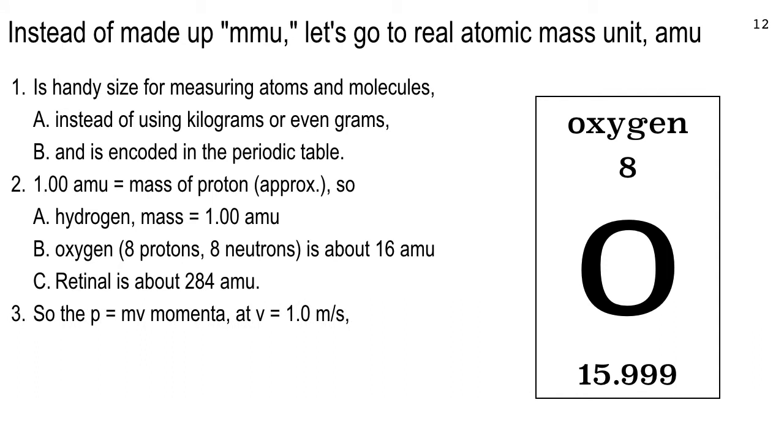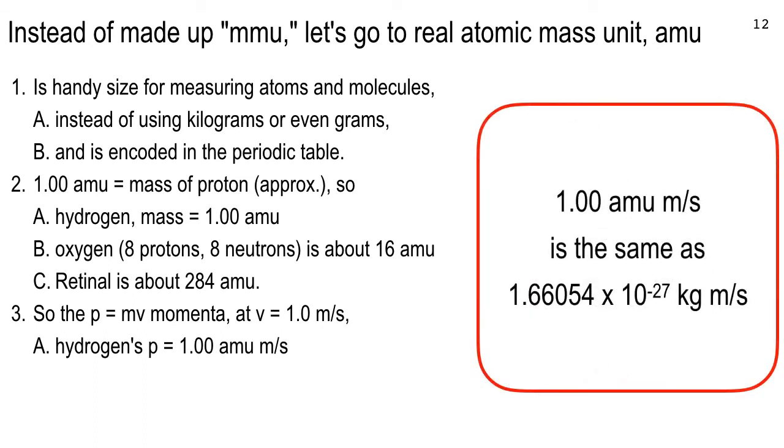Anyway, so the momentum, p equals mv. If you have a hydrogen atom moving at 1.0 meters per second, then the momentum is 1.0 AMU meters per second. That's kind of like our homework, but this is a real unit instead of a fakey unit, MMU, that Dr. B made up for homework. This is an AMU.